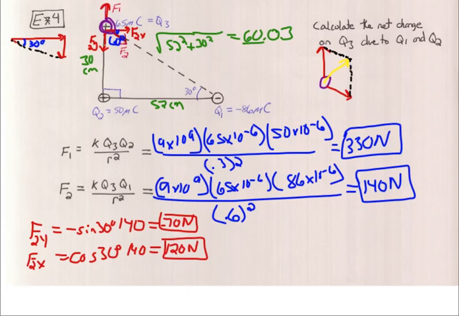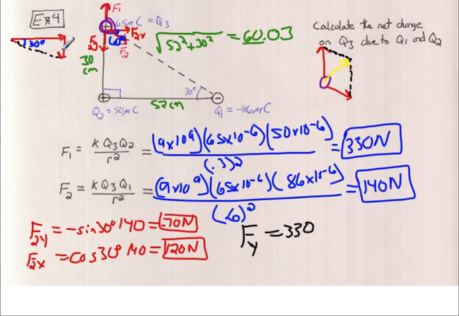So let's find the overall vector, which is the yellow. Yellow is going to be hard to see though. I'm going to use black. So f sub y, the overall vector. Don't we have to do this guy and that guy? So we've got f sub 1 going up, the whole thing, right? Its whole thing is a y. So 330.